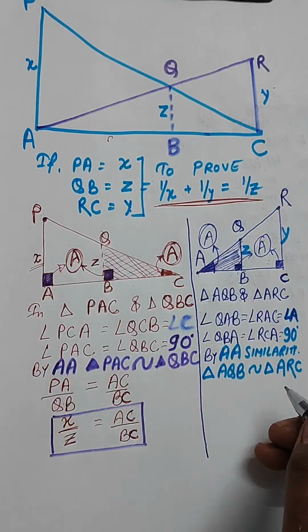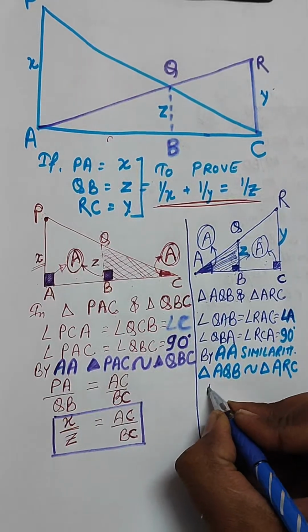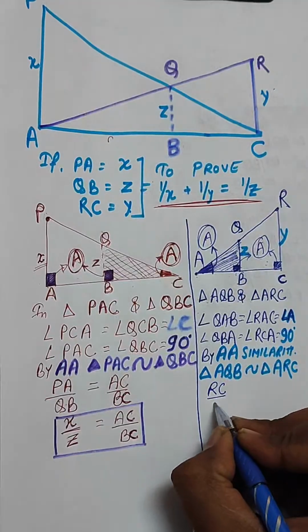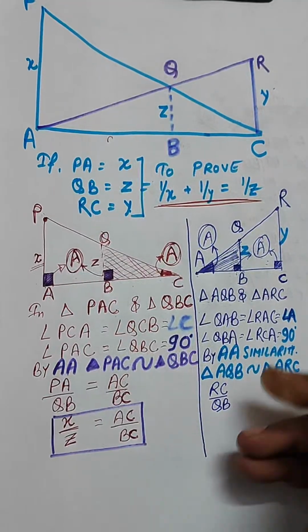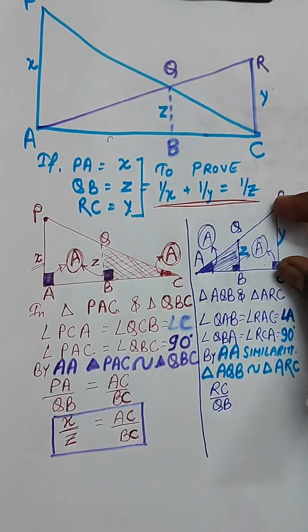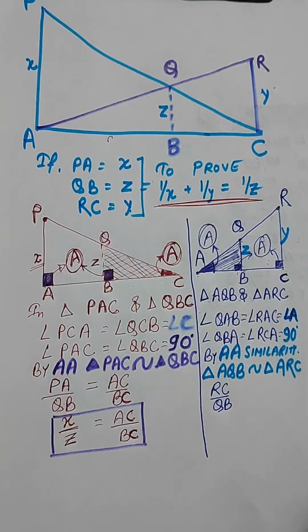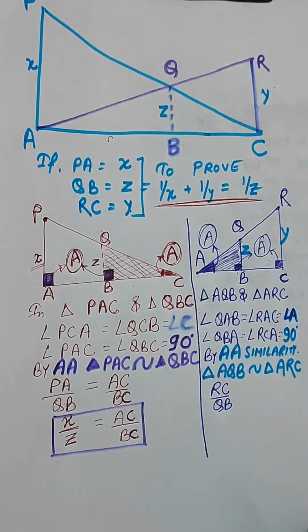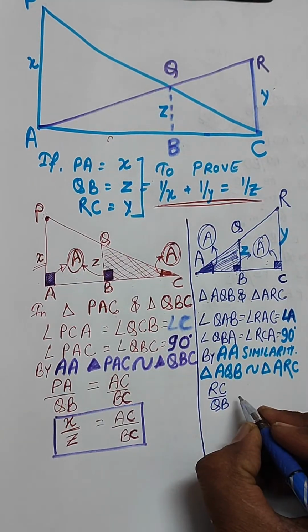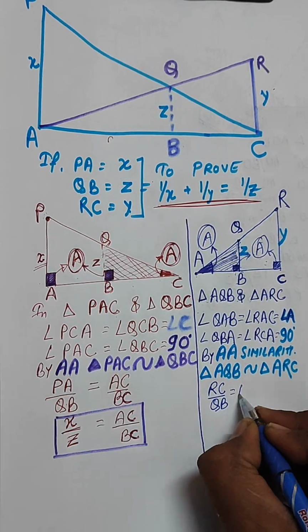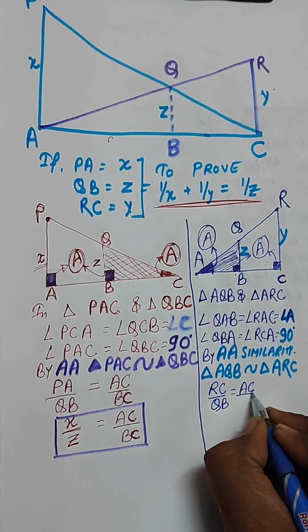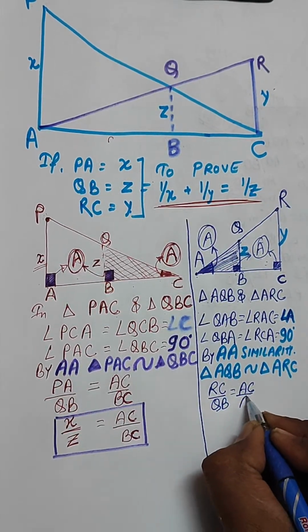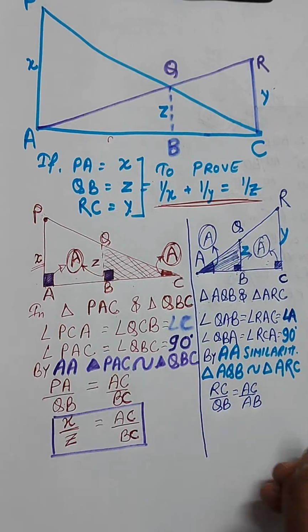So we can write that RC by QB, for both the triangles, will be equal to AC by AB.